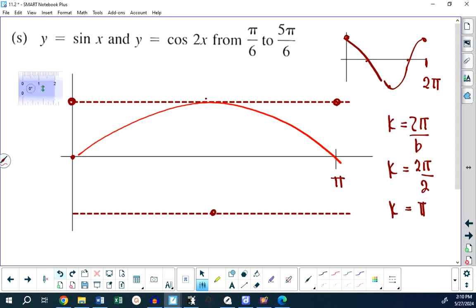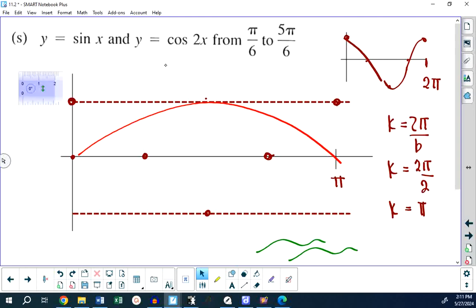I'll just eyeball this. That's pretty good. This one will be off, of course. Good enough. And again, I'm just playing around with the tools I have available so I can do a rough sketch.